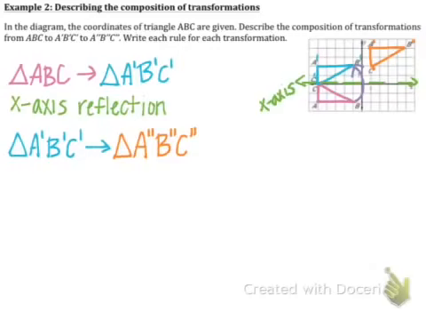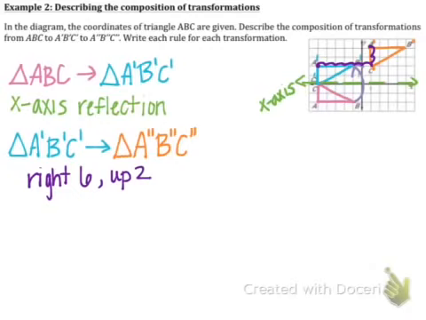So how is this image being translated? I'm going to pick point A to compare. I'm starting with point A prime, and I'm going to look to see what happens to get to A double prime. It looks like it goes right 1, 2, 3, 4, 5, 6, and then up 2.